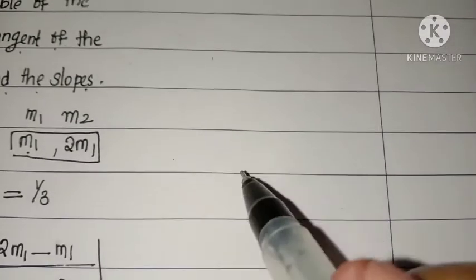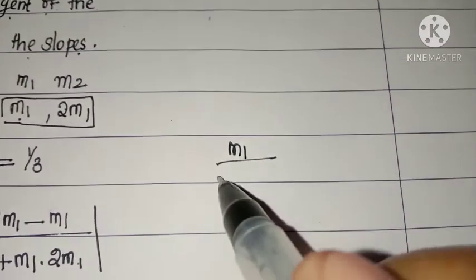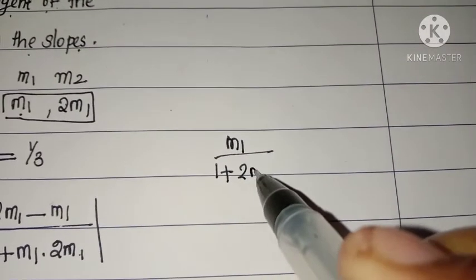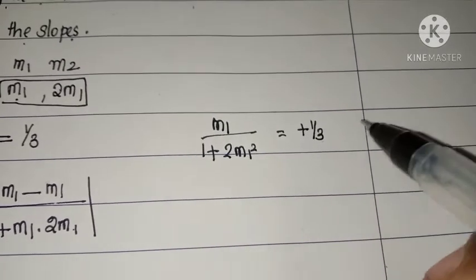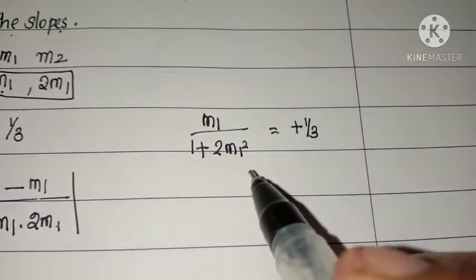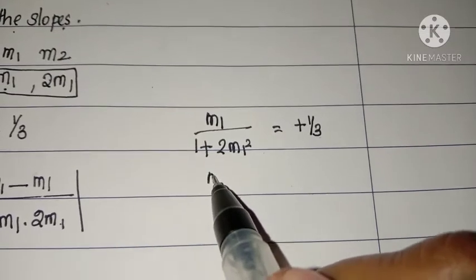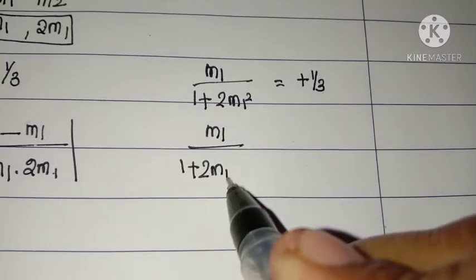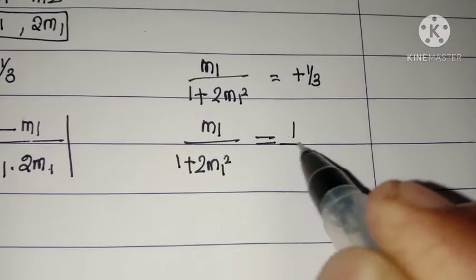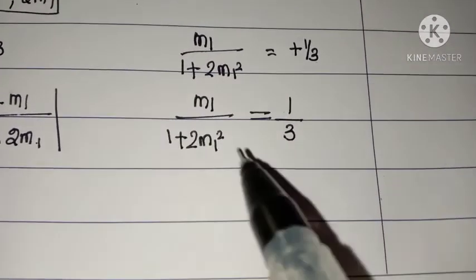Suppose m1 by 1 plus 2 m1 square is positive 1 by 3, then find the value of m1. So this can be written as, listen, m1 by 1 plus 2 m1 square is equal to 1 by 3. Now take cross multiplication.